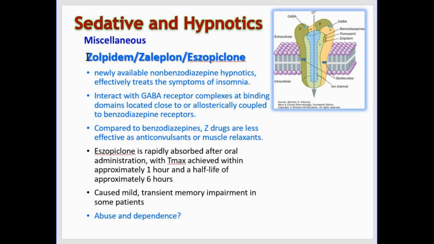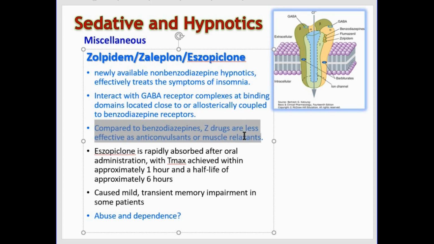Then we have these newer drugs called Z drugs, which have a very similar mechanism of action to benzodiazepines. They bind to a separate site from GABA on the GABA receptor, and then basically activate this GABA channel. Compared to benzodiazepines, they are less effective as anticonvulsants or muscle relaxants.